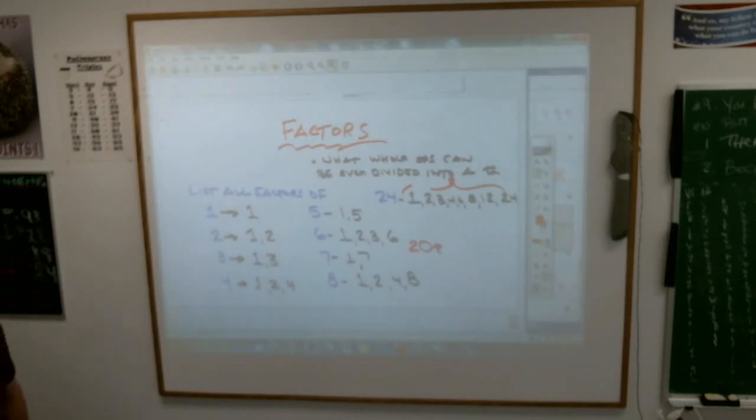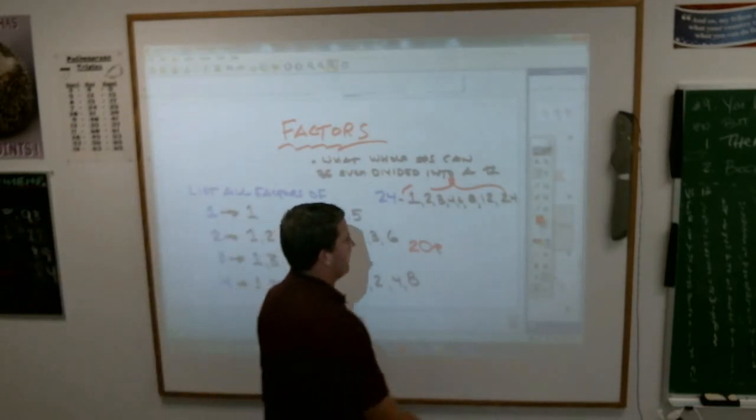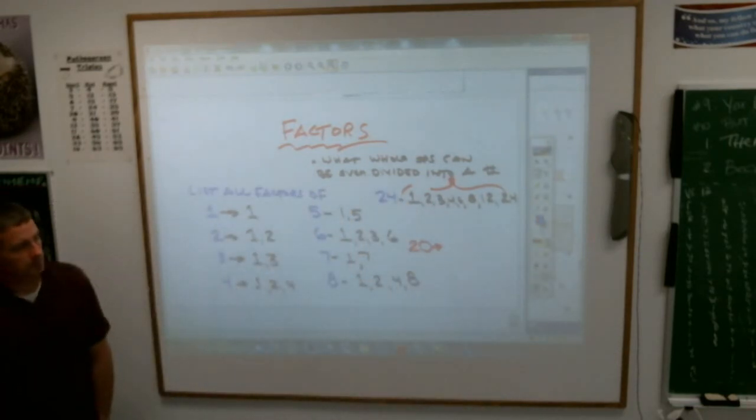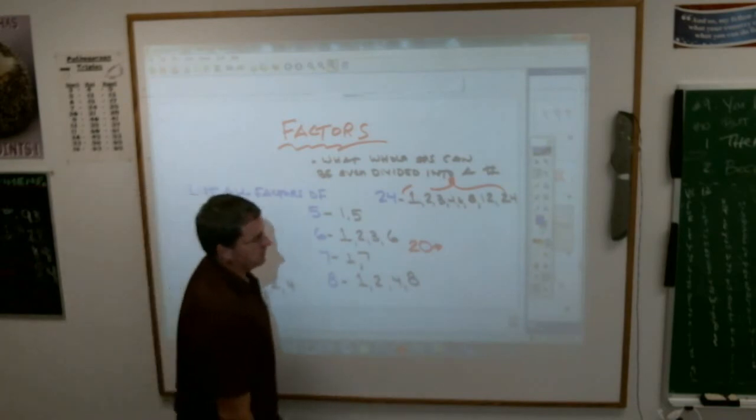What factors does 20 have? So we came up with all of them. Parker, what'd you come up with? What do you got down for factors of 20?